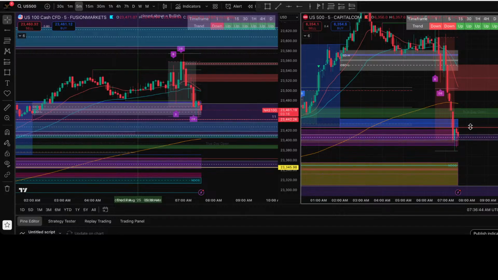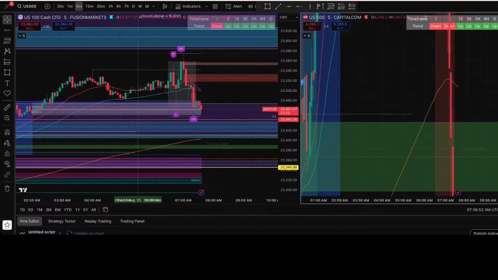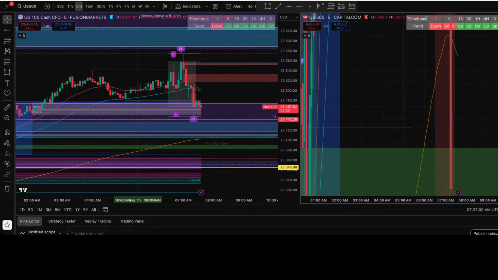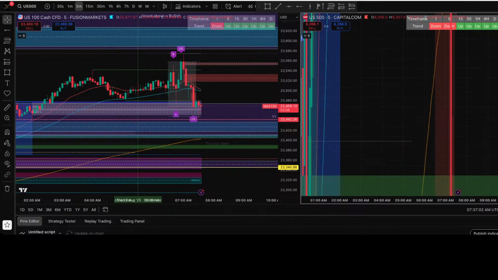So yeah, we're bouncing off this blue zone most likely. This is what happens when you play around with it too much. Sorry, my apologies here. I'm just going to give it a second and let it fix itself, because it's just going to continue to zoom in and out. I'll wait till that stops.